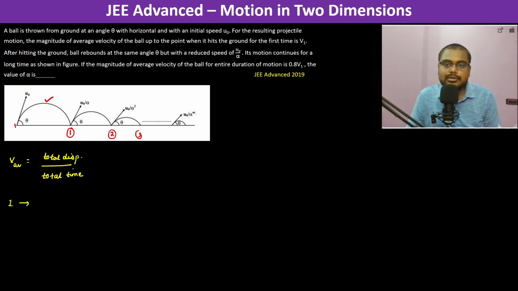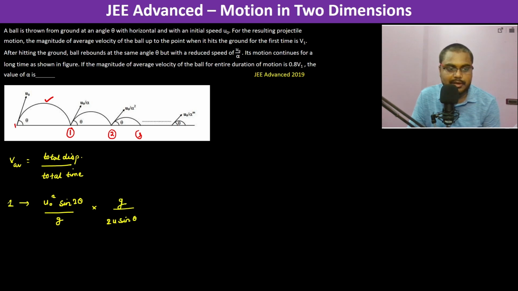So the first time if you see, then the range is going to be, because that is going to be the total displacement, so range is u0 square sine 2 theta divided by g, and the time taken is 2u sine theta upon g.